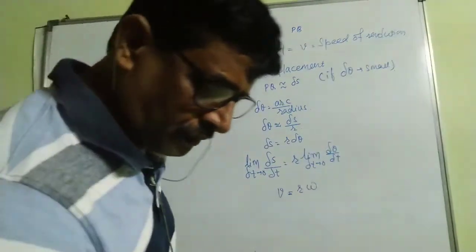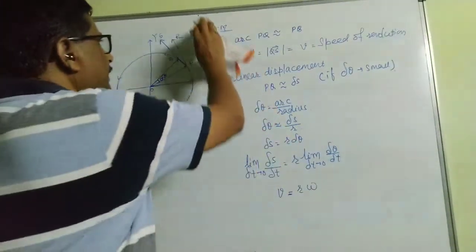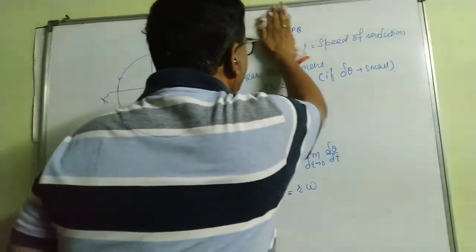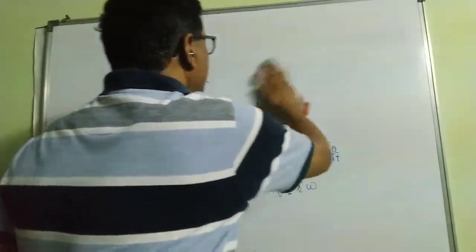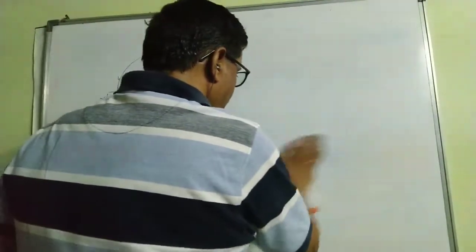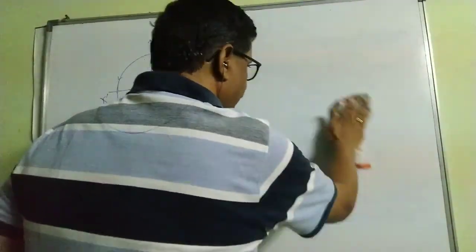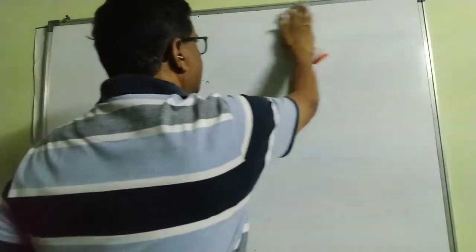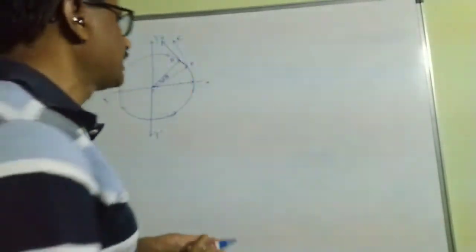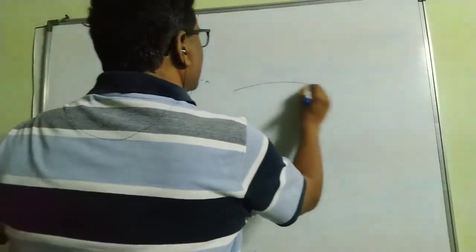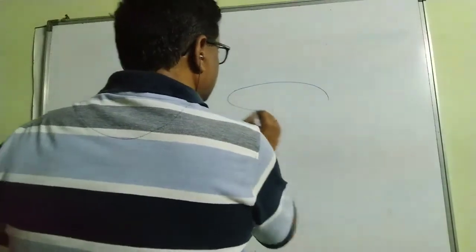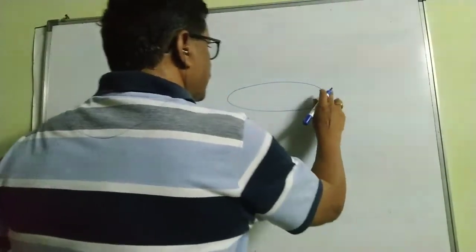Now, it is very interesting to know the relation between linear velocity and angular velocity as a vector product. The reason is very simple. For the sake of convenience, I will draw a circular motion in a horizontal plane.